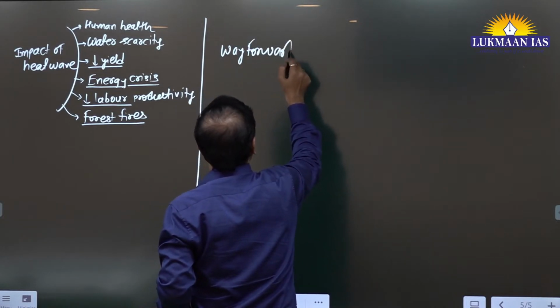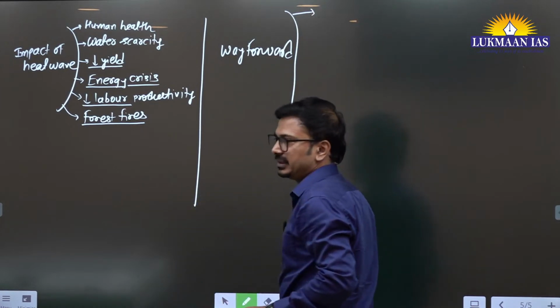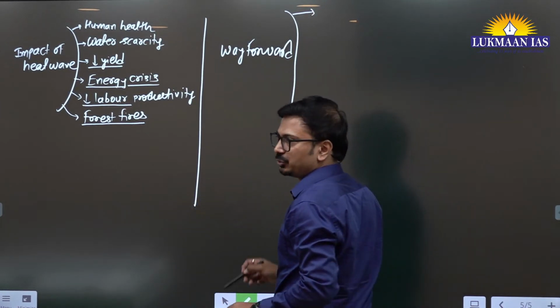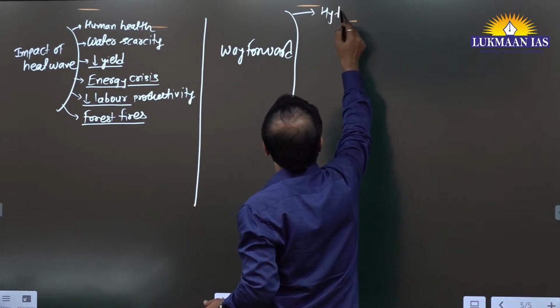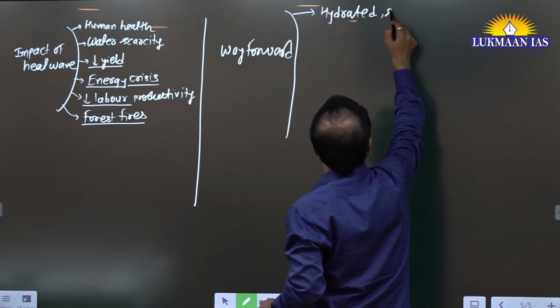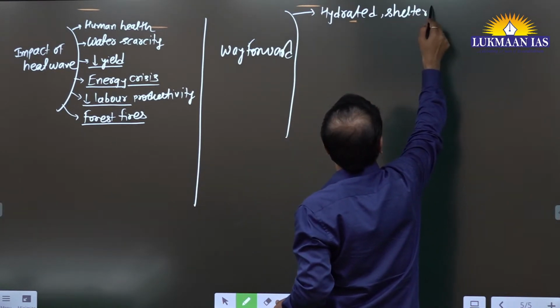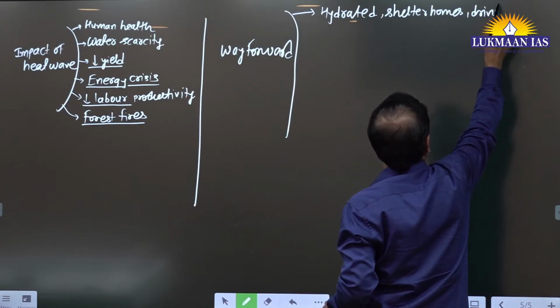So to deal with the first one, human health, what should be done? On heat waves there should be continuous hydration, you need to keep hydrated. There should be shelter homes, drinking water availability ensured by the government.